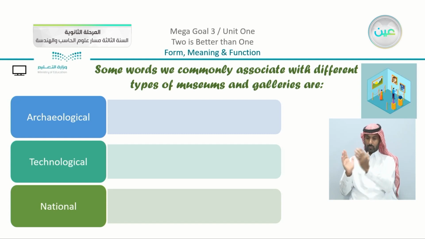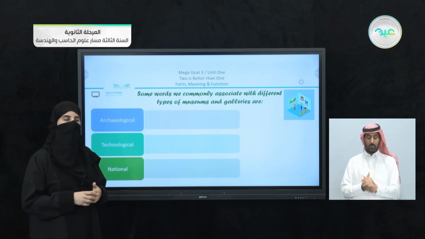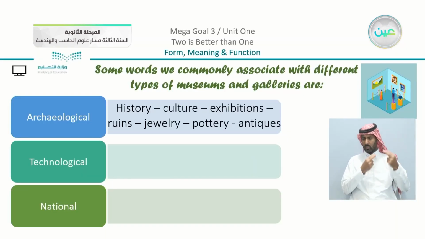Now the 3 parts, archaeological, there are some words that are connected to the idea about archaeology. So what are the words that we have here? History, culture, exhibitions, ruins, jewelry, pottery, and antiques.